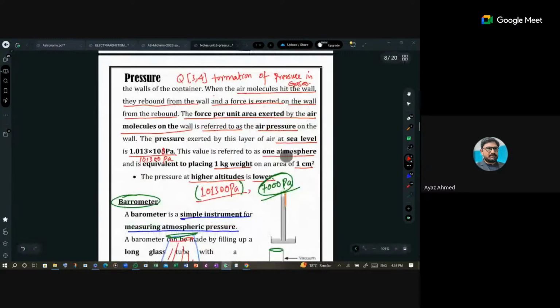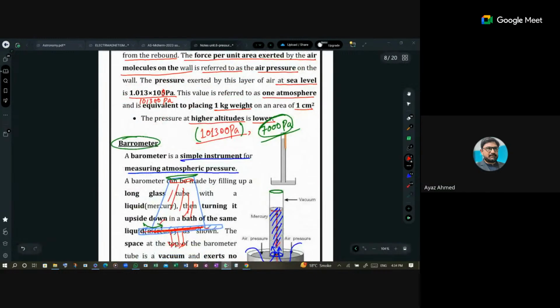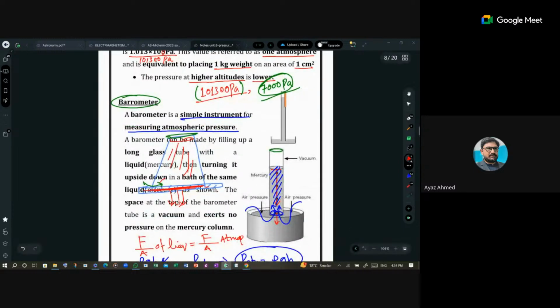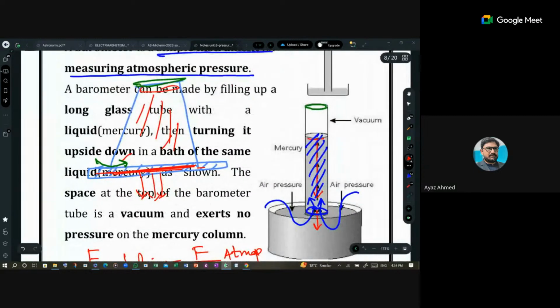Then we have the concept of barometer and manometer, which has been excluded from the syllabus right now. How a barometer and a manometer work, but it can be simply considered as this: a barometer is basically used to measure atmospheric pressure. Let me make it clear.